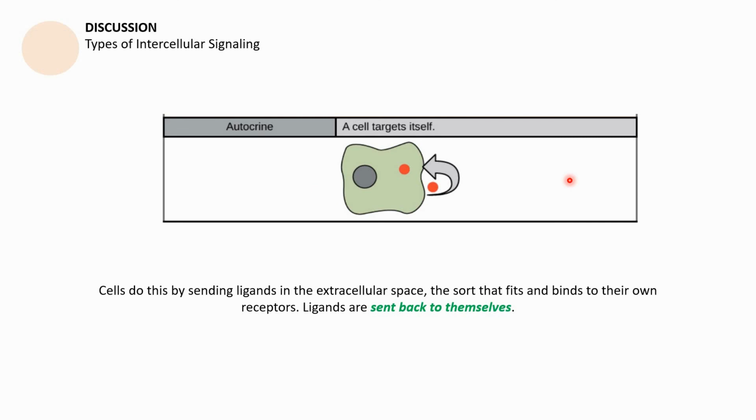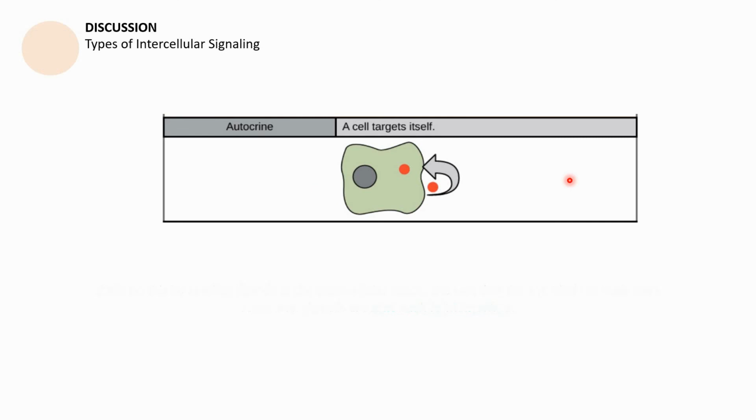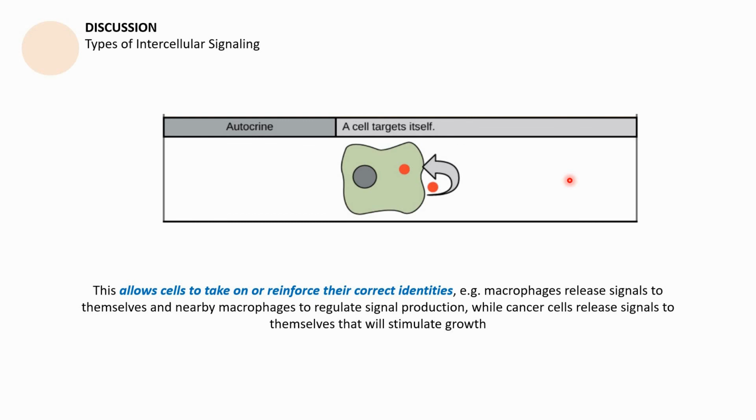Okay, so, since technically, nasa-send back lang yung ligand to itself, yung cell niyan, nangyayari sa kanya is kaya niyang ma-reinforce yung kanyang correct identity. Okay, halimbawa, macrophages release signals to themselves and nearby macrophages to regulate signal production, while cancer cells release signals to themselves para mag-stimulate yung growth nila.